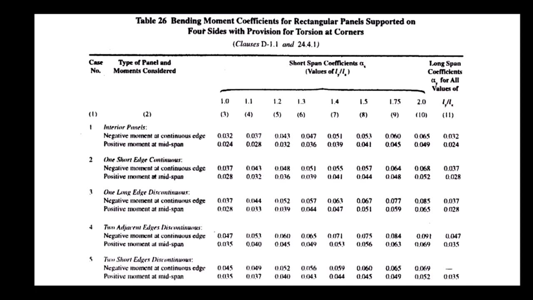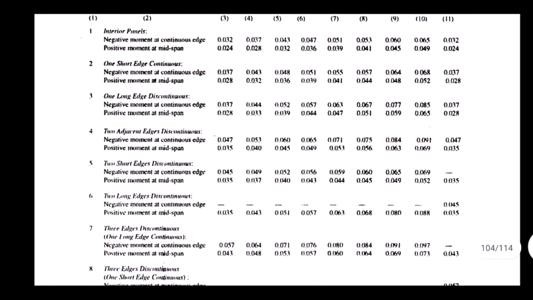And in the last column, that is the long span moment coefficient, alpha y, is given for all values. The Ly by Lx value is not the criteria for this; only the support condition is the criteria. So these values are given for these support conditions.